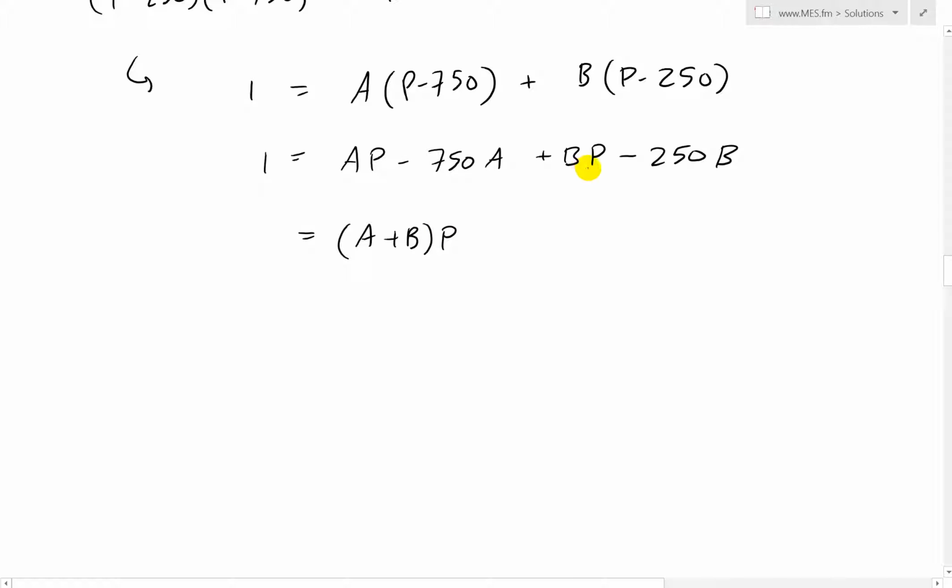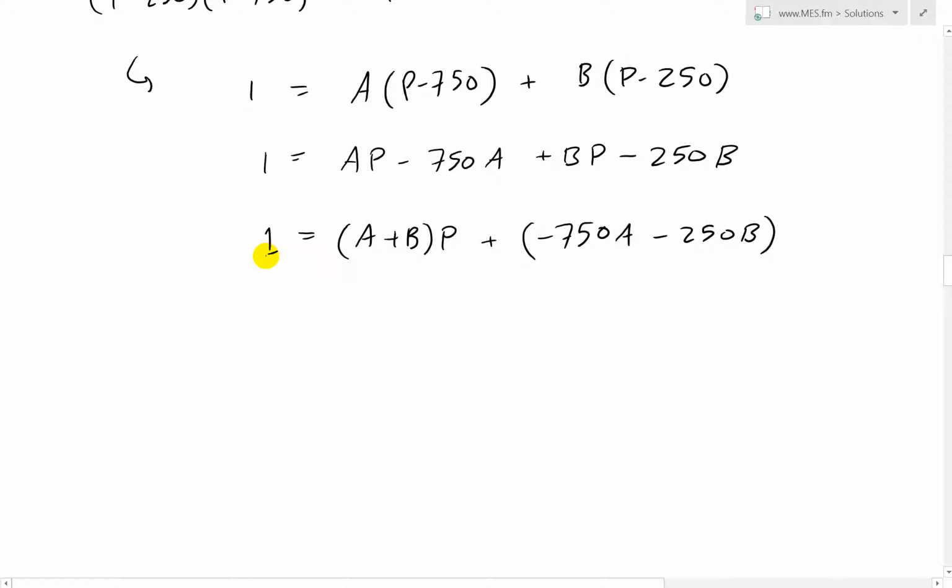So ap plus bp is the same thing as a plus b times p. Now this other part, I'll separate these together, so this is negative 750a minus 250b.